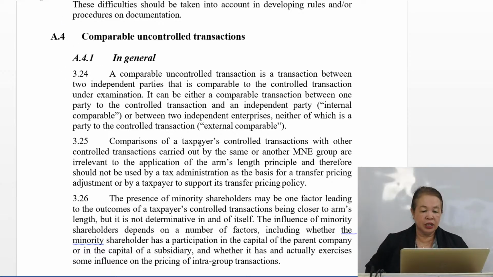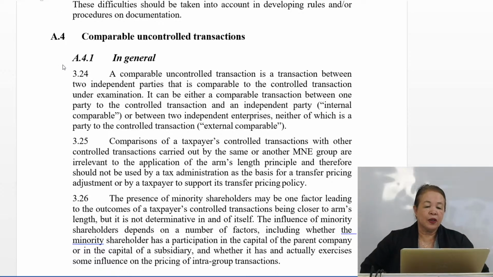This is the external comparable. No? So, in the external, they really have no transaction with related parties. But in the internal, the related parties have a transaction with that of the independent parties. In the external, both are independent, no? The parties.